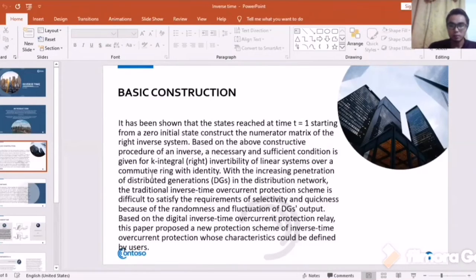With the increasing penetration of distributed generation in the distribution network, the traditional inverse time overcurrent protection scheme is difficult to satisfy the requirements of selectivity and quickness because of the randomness and fluctuation of DG's output. Based on the digital inverse time overcurrent protection relay, this paper proposed a new protection scheme of inverse time overcurrent protection with characteristic defined by the user.